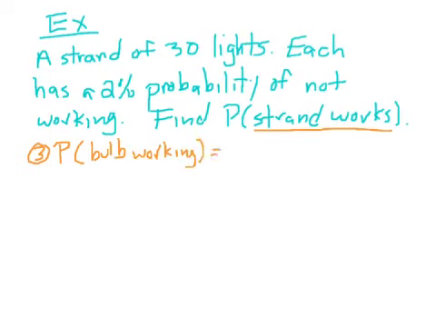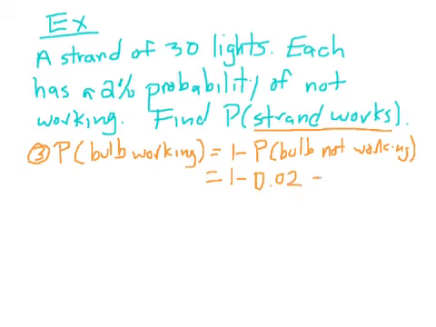Well, that's going to be 1 minus the probability of the bulb not working, which is 1 minus 0.02, which as said in the problem is 0.98. I just got that number by using rule 4, the complement rule.